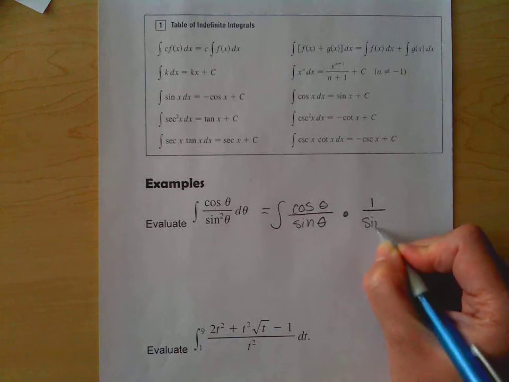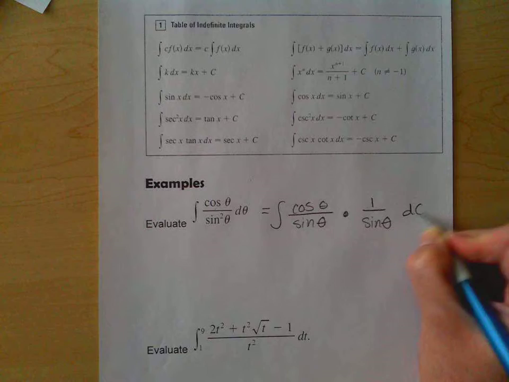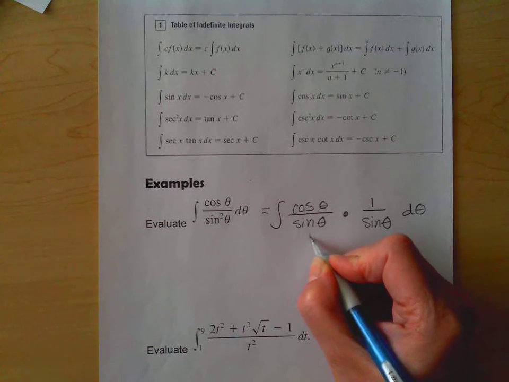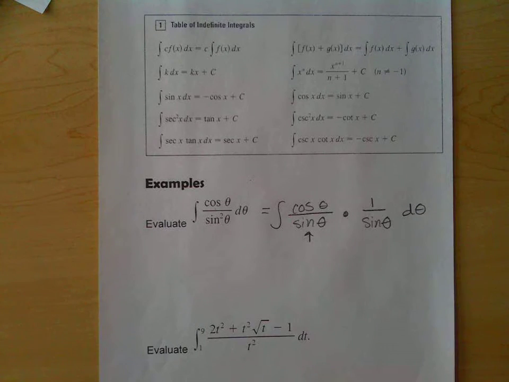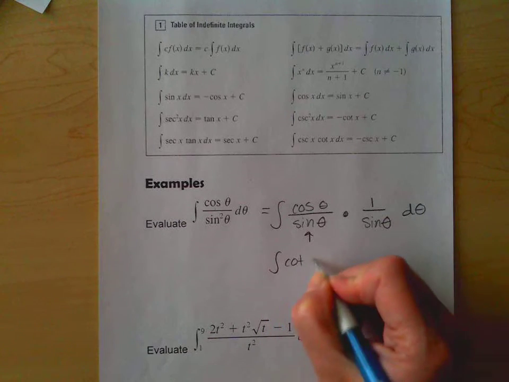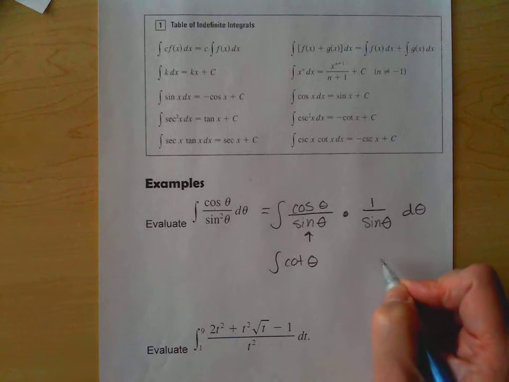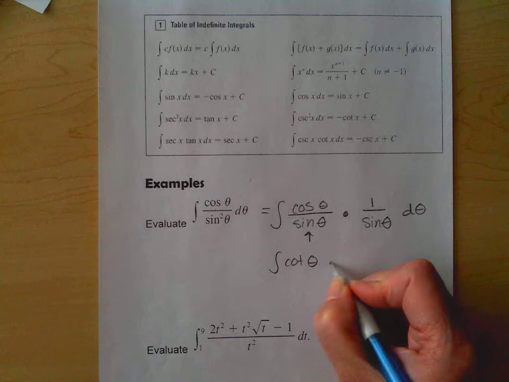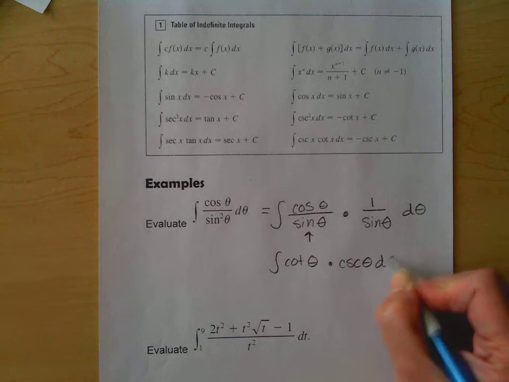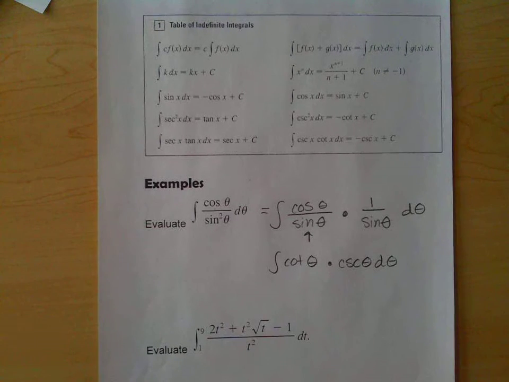And sure enough, this cosine over sine is going to give us cotangent. And 1 over sine is going to give us cosecant. And lo and behold, we have a formula for cotangent times cosecant.